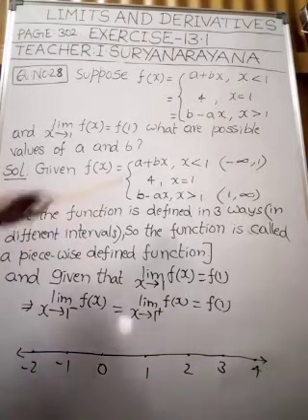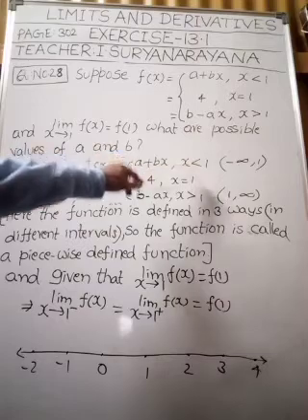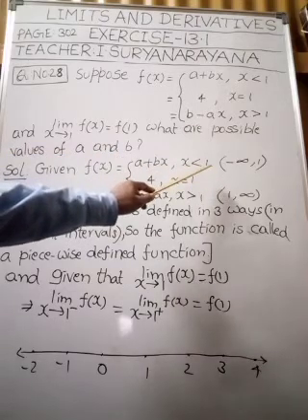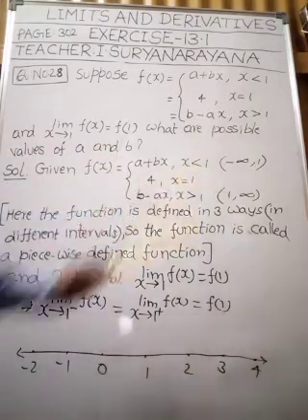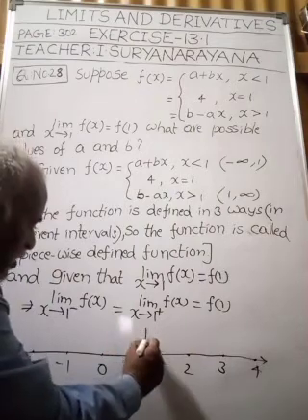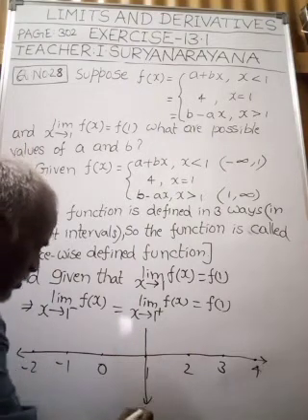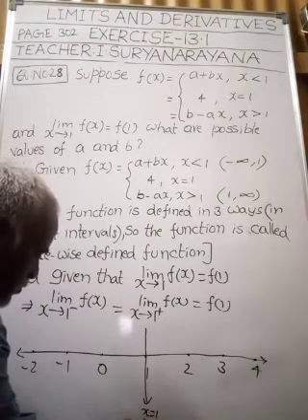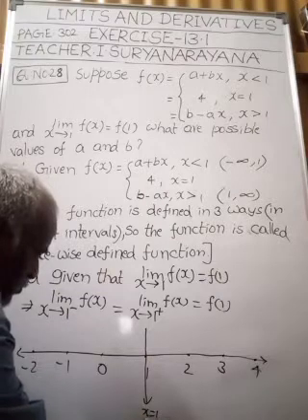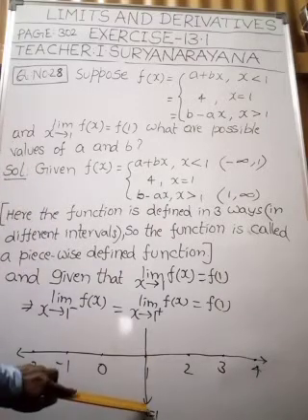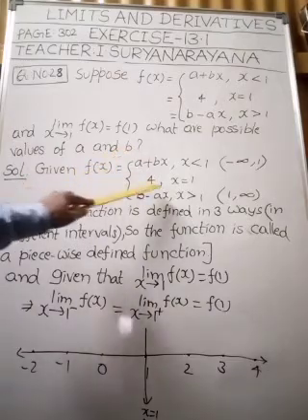At which point the function is defined at 1, isn't it, my dear children? Less than 1 and greater than 1. So exactly at x is equal to 1, f of x is given as 4.